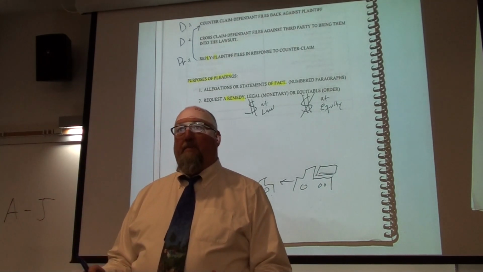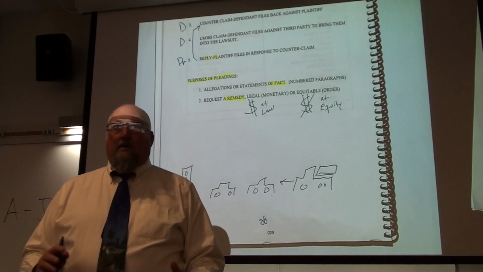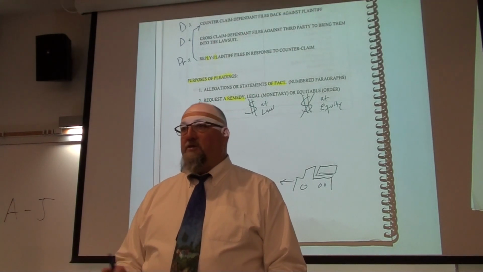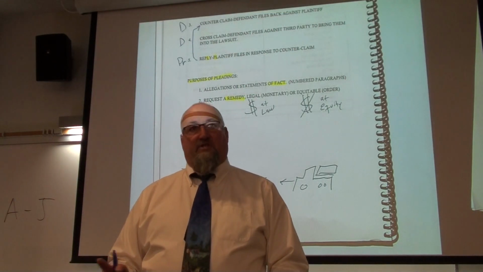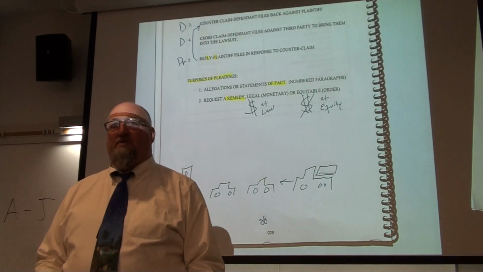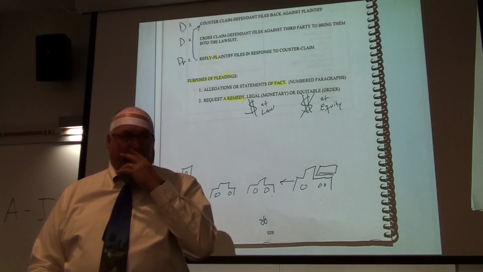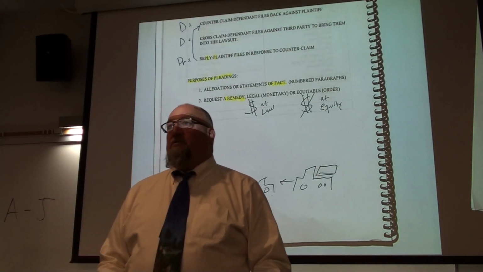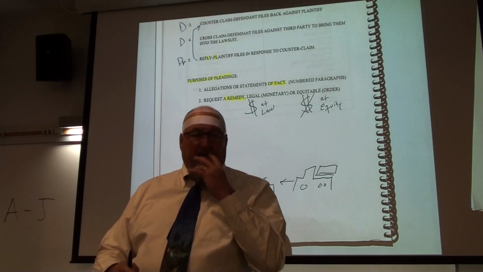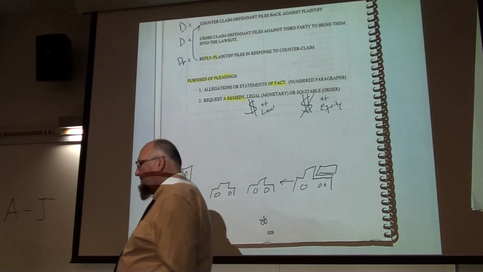Maybe you have a medical malpractice claim, and the claim has to do with whether or not somebody did something wrong during surgery and you had multiple surgeons involved, and we're not really sure which surgeon it was that didn't sew the wound up properly at closing. Maybe they left a sponge, they sewed a sponge inside somebody. That happens fairly commonly. So the idea is we don't know which surgeon was involved, so we sue one of them, and then that surgeon will cross-claim against the others. Something like that, okay? All right.